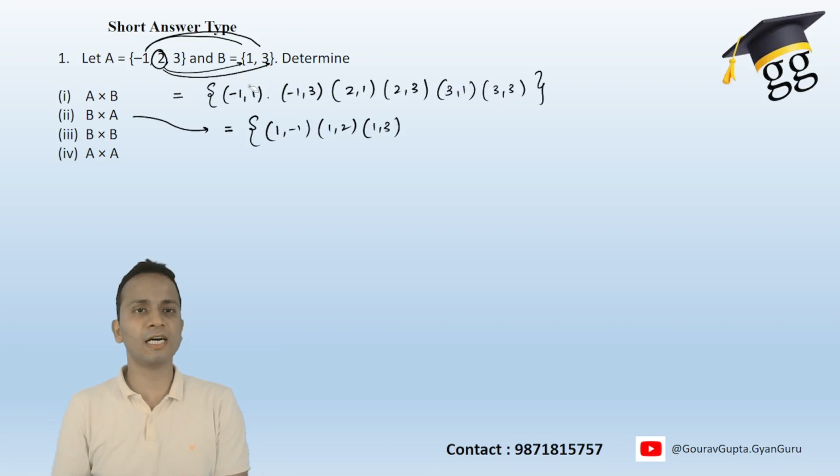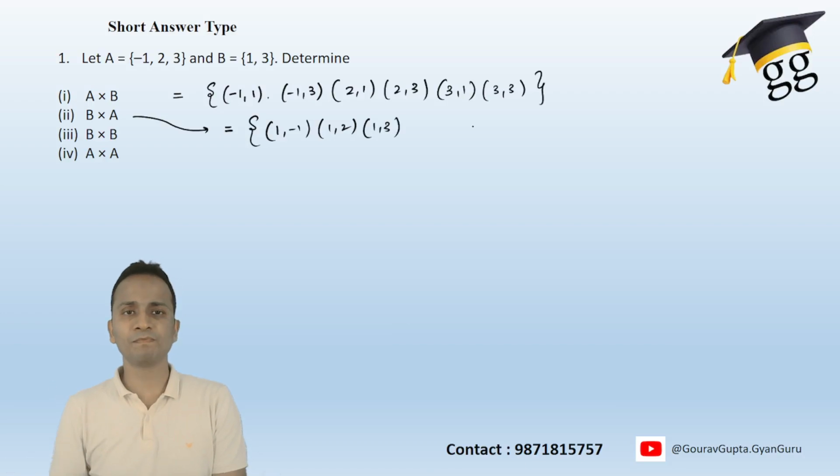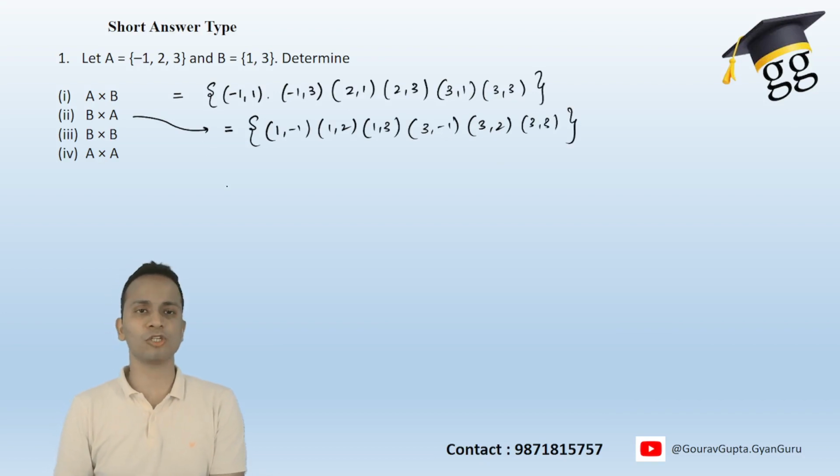Like this, I'll do with the second element of set B. So it will be (3, -1), (3, 2), and (3, 3), right? So this is the Cartesian product B cross A.